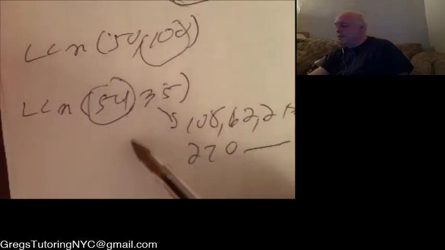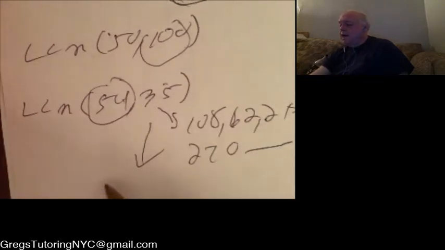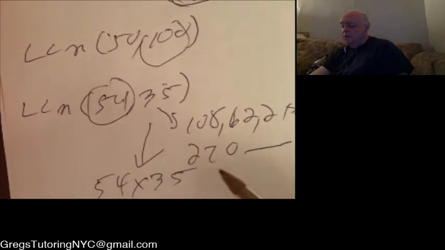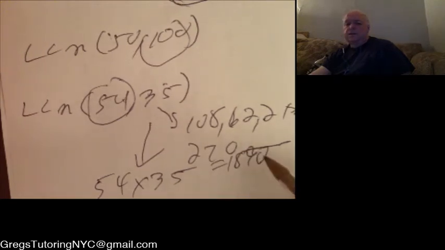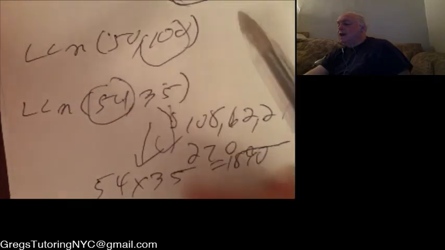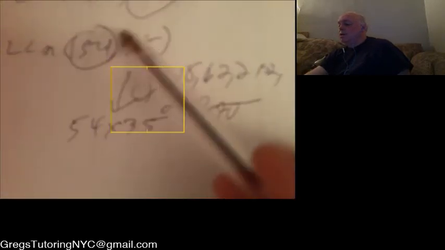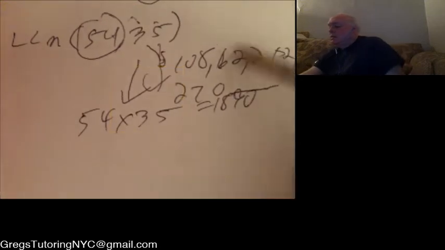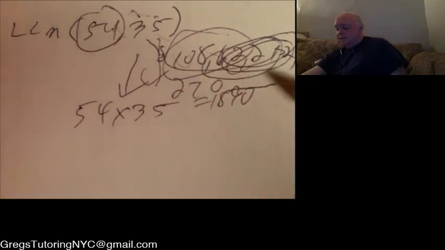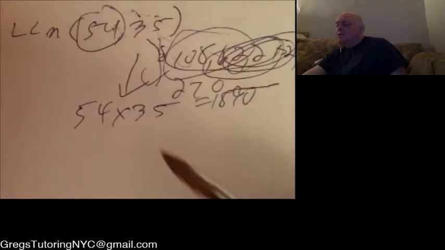And it turns out, I believe you have to do this 35 times, because the actual LCM turns out to be 54 times 35, which in this case is equal to 1890. Okay? So this is another one where this kind of fast technique doesn't work. The numbers are just too ugly, and there's too many big numbers here that you have to divide by 35 to see if it actually works. So in this case, this is another one where the technique just doesn't work, okay?